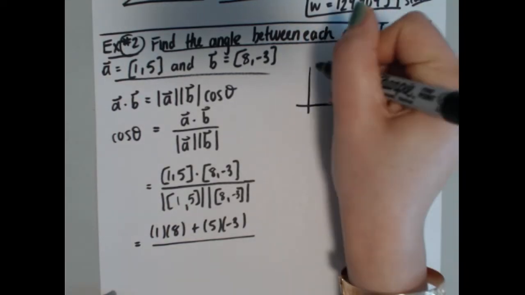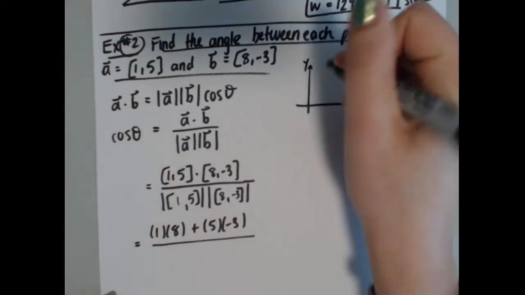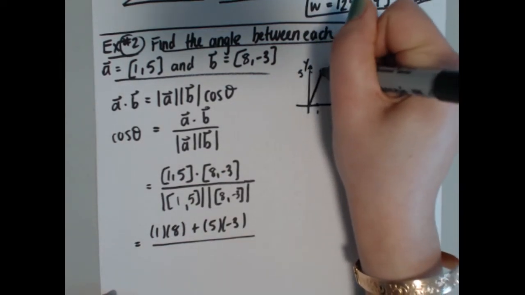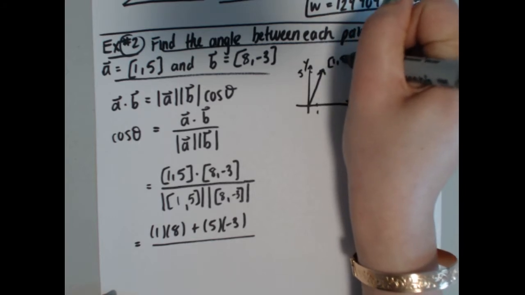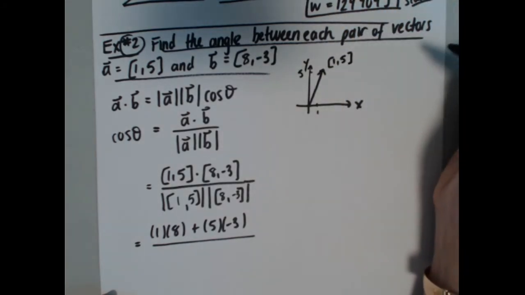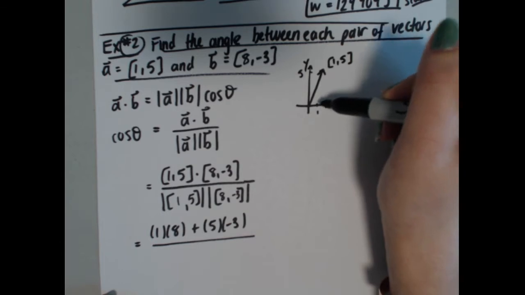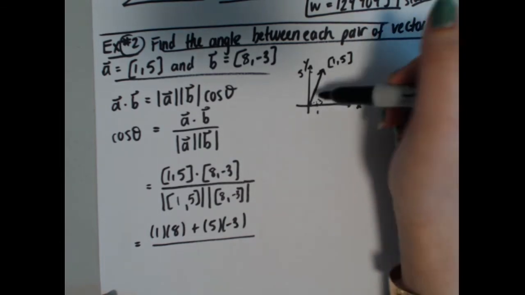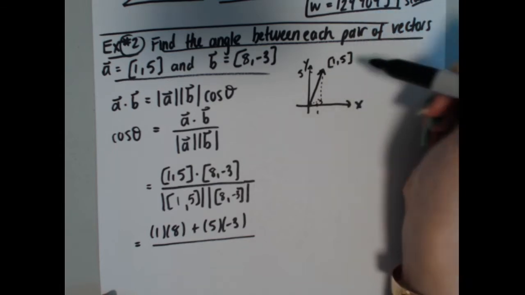So if I have x and y, this vector 1, 5, so 1 unit here, 5 units up here. So the vector looks like this. If I want to find the magnitude of that vector, I have to use the Pythagorean theorem. I've got some component along the x direction and some component along the y direction.